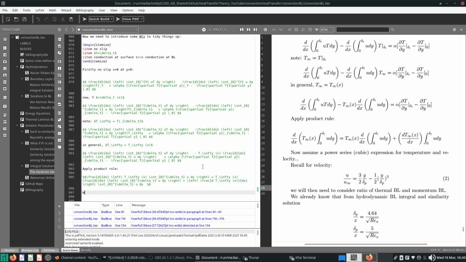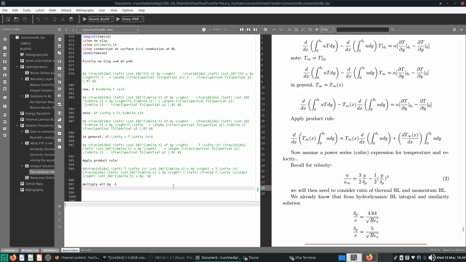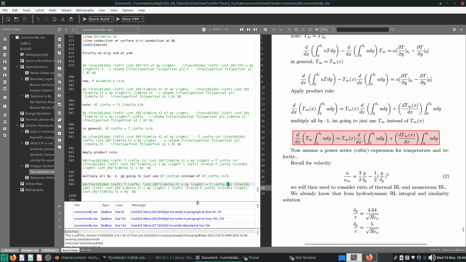We multiply all by -1, and of course I'm going to just use T infinity instead of T infinity of x, just to shorten the thing. So I hope it's clear to you. T infinity in general is just a function of x for boundary layer considerations.